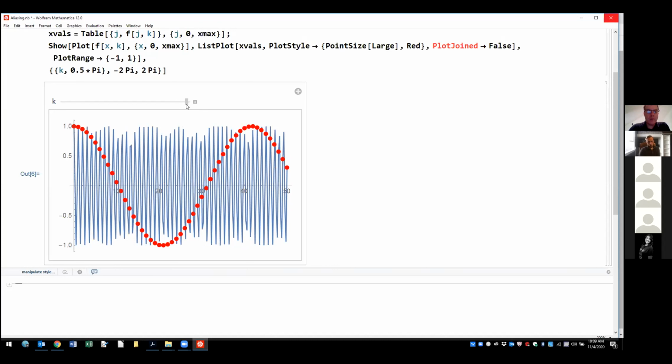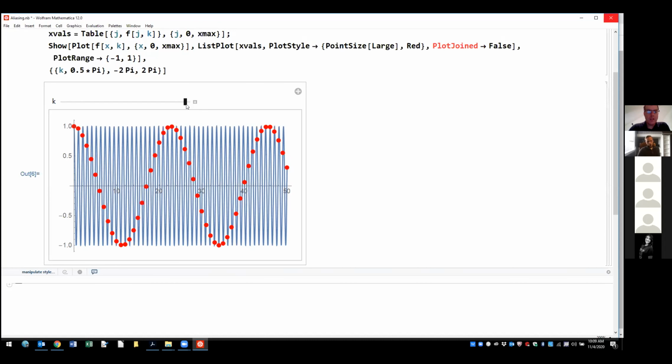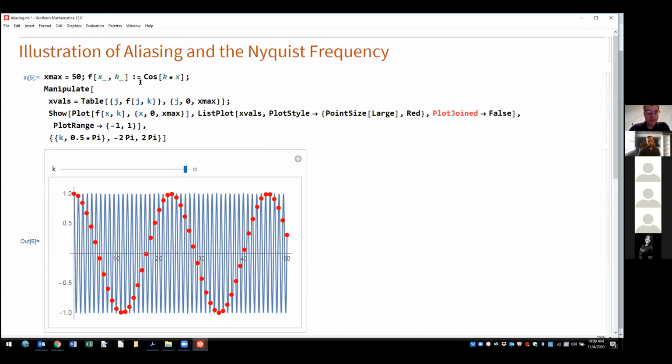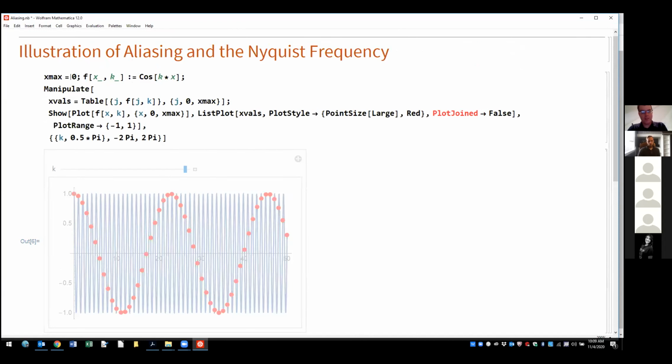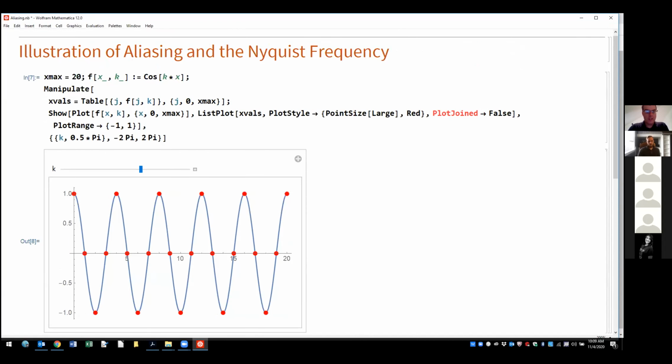And the reason why we're detecting something that's just completely wrong is easier to see if I zoom in. If instead of plotting it over such a wide range of X values, I'm just going to plot it here.